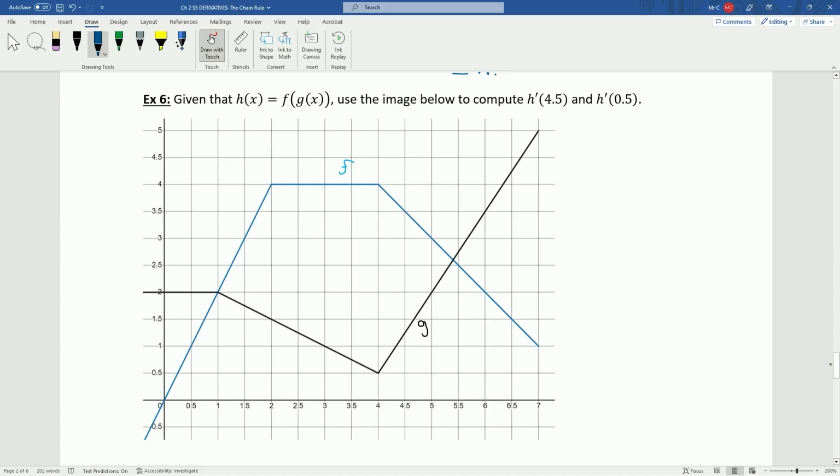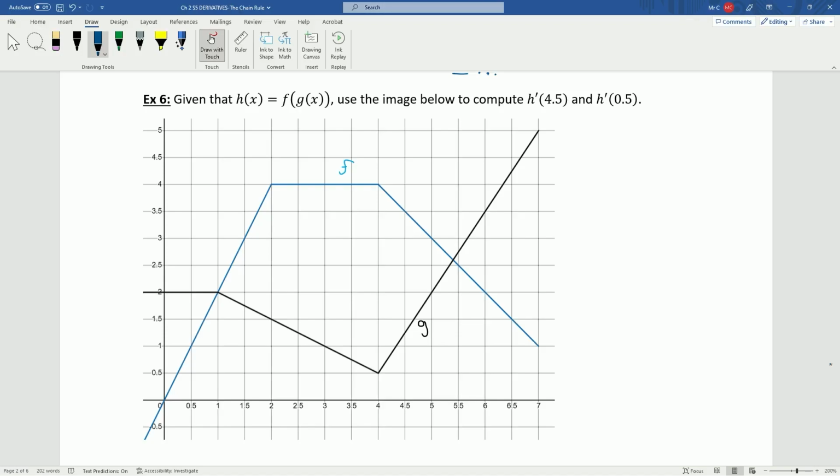So, given that h of x equals f of g of x, use the image below to compute h prime of 4.5 and h prime of 0.5. So this is one of those very rare cases where using prime notation for the chain rule is actually helpful, sadly.